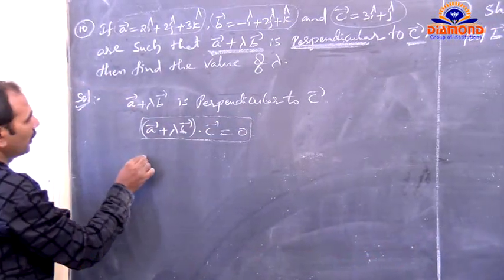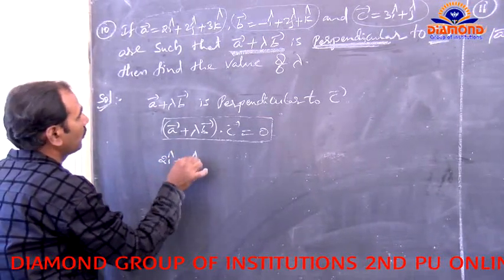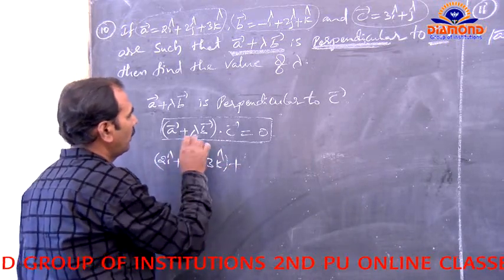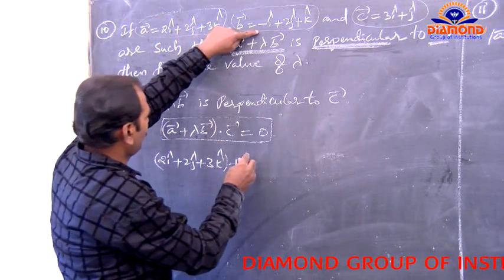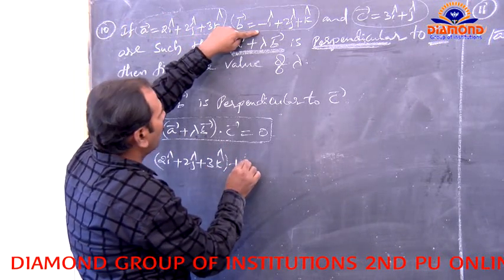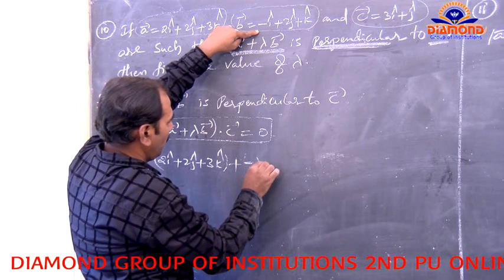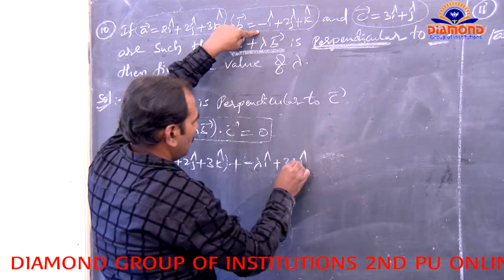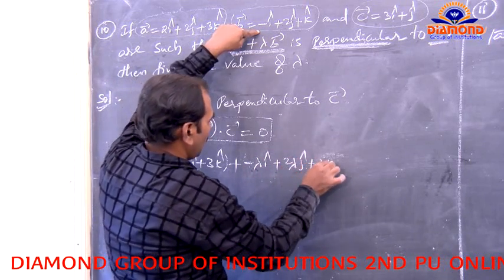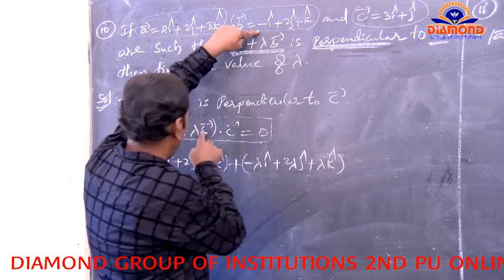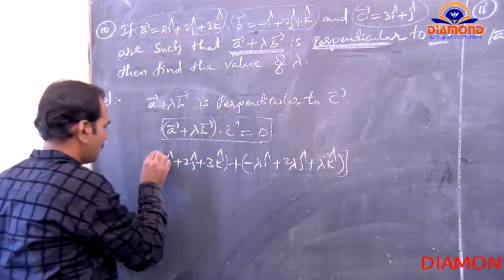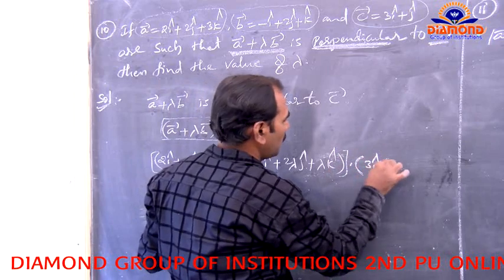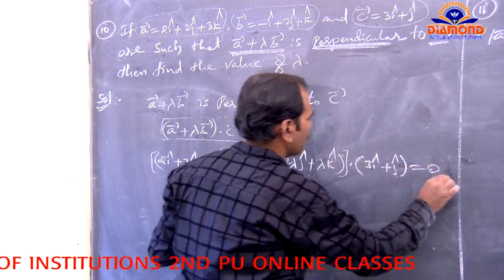So A vector, you know already, 2 i cap plus 2 j cap plus 3 k cap, plus lambda B, which means minus lambda i cap plus 2 lambda j cap plus lambda k cap. This is lambda B, dot product C. C means 3 i cap plus j cap equal to 0.